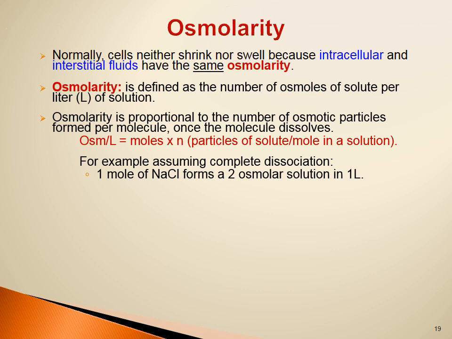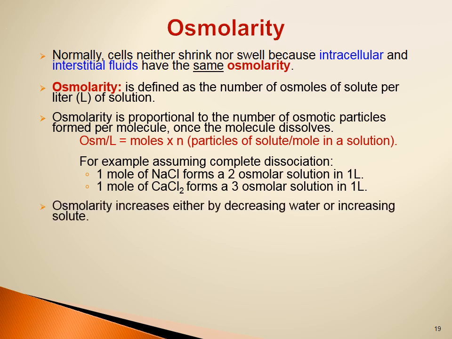So the osmolarity will be 2 osmoles per liter for each mole of sodium chloride. If I have another salt, calcium chloride, this 1 mole will give me 3 ions per molecule. So 1 mole of calcium chloride will give me a solution of 3 osmoles per liter.